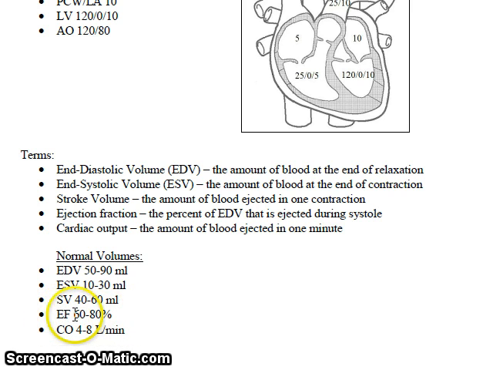Oftentimes they like to display that as a percentage. So 60 to 80% is your normal. It's never going to be 100% because 100% of the blood does not leave the left ventricle. So your normal ejection fraction is 60 to 80%. And then your cardiac output is how many liters of blood per minute. Your normal is 4 to 8 liters per minute.